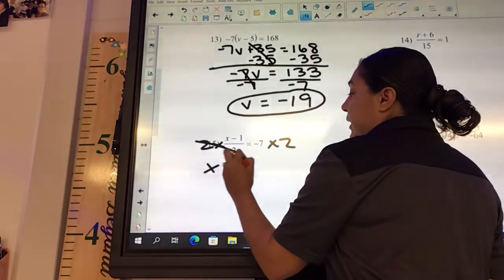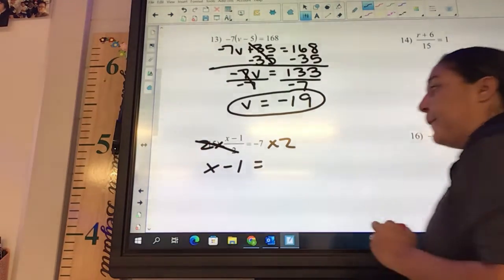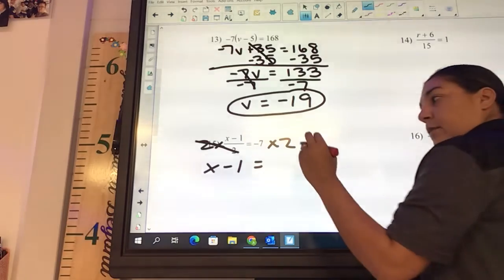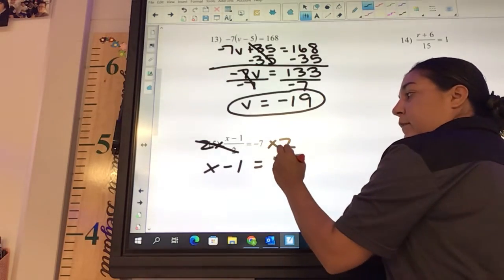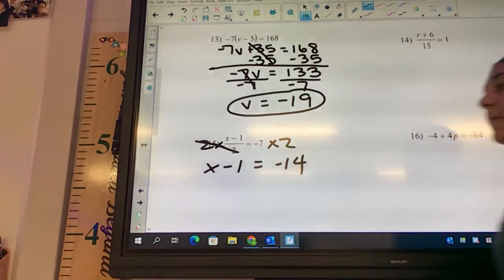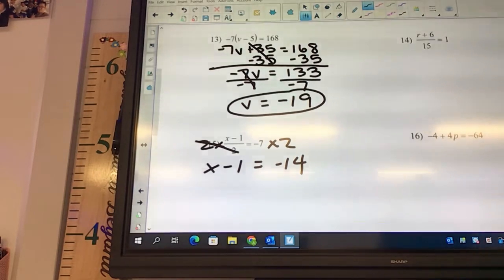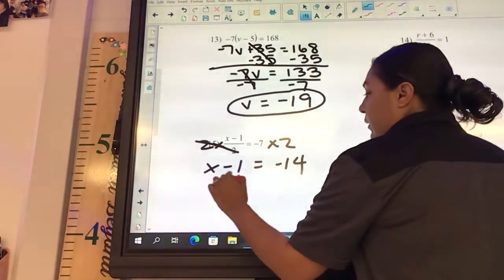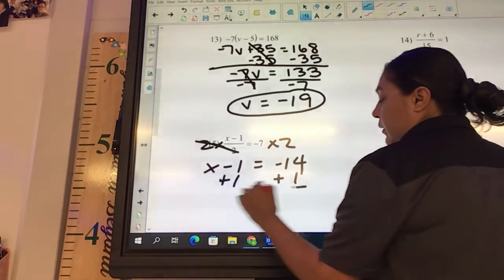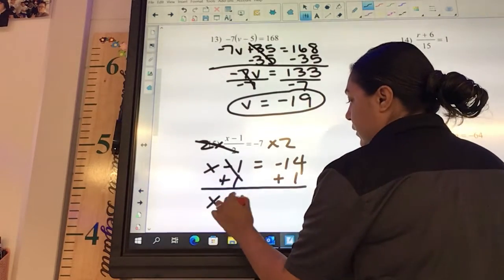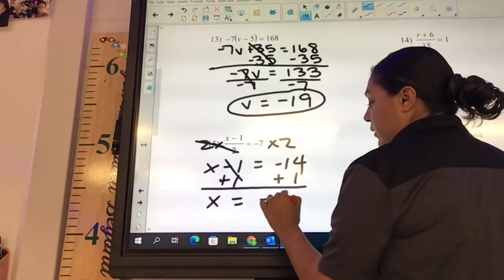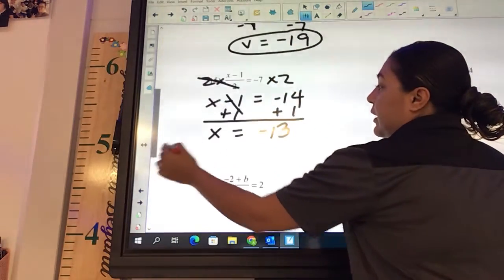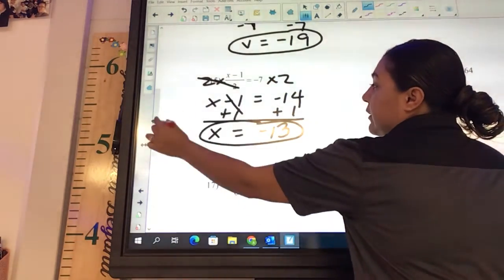I got x minus 1 equals what? Negative 14. Okay, and then what needs done? Add the 1 on both sides. Add 1 on both sides. Okay, so you're gonna get x equals negative 13.